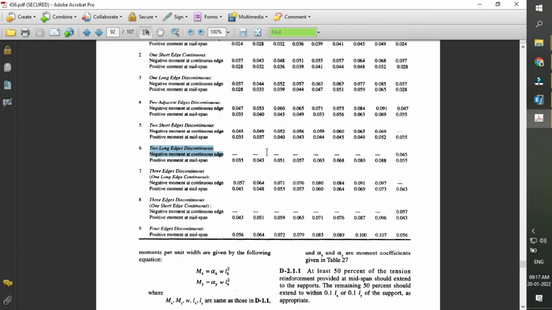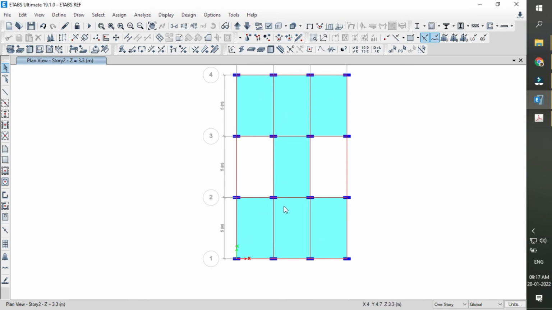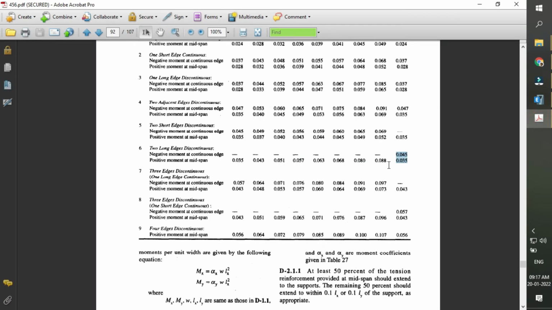Here there is no negative bending moment, meaning at the support there won't be any moment, only in the span. For the longer span, positive and negative have been given, which means due to continuity there will be a negative moment here and similarly here, and the span moment also will be there. So these two ratios have been given.